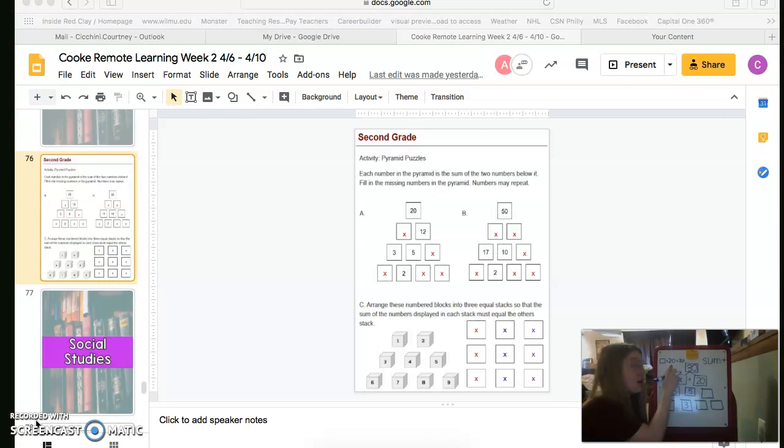So I'm starting at 20, 21, 22, 23, 24, 25, 26, 27, 28, 29, 30. I know that 10 plus 20 equals 30. And I can see that this math mountain is correct.